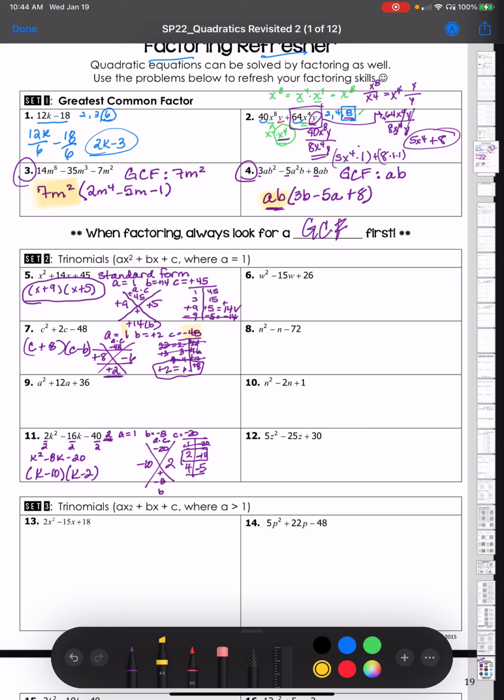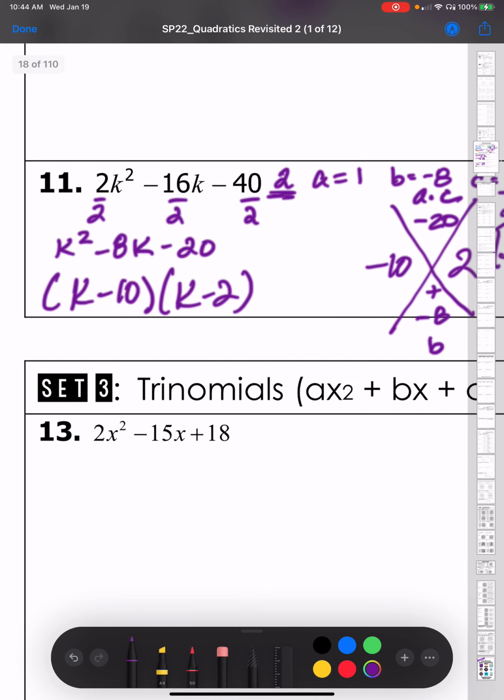Whereas since this is just dividing, and there's no variable, just a number that we divided by, then we do not have to keep the 2 on the outside.